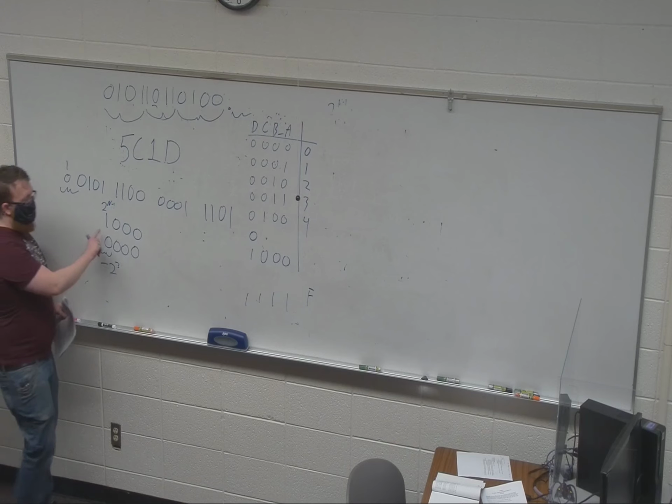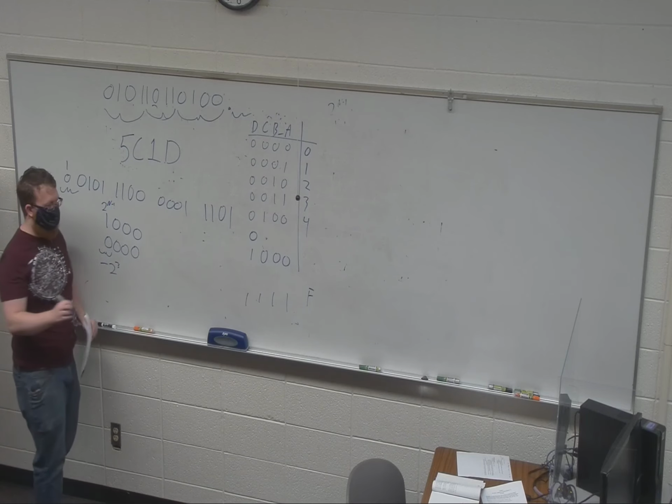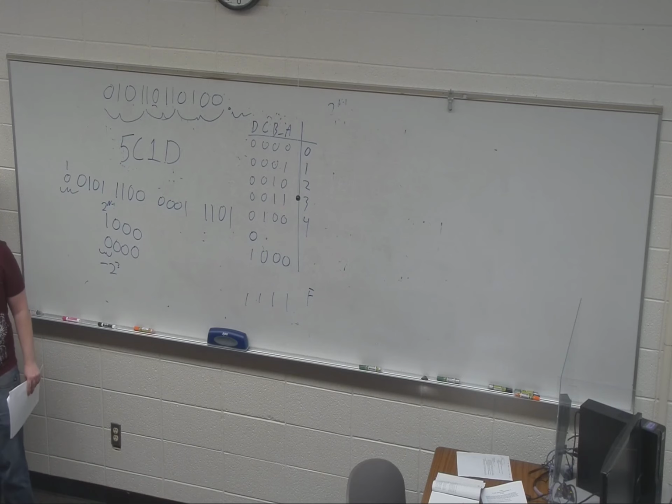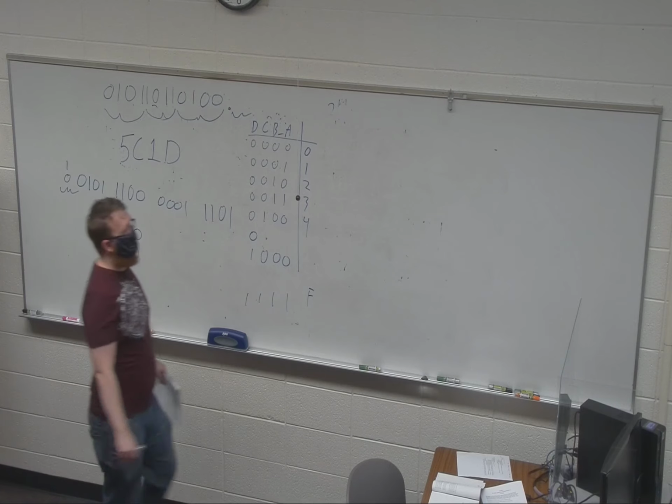So if I have a 2's complement number, and I want it to be negative 1, how do I do it? We'll do it simple.